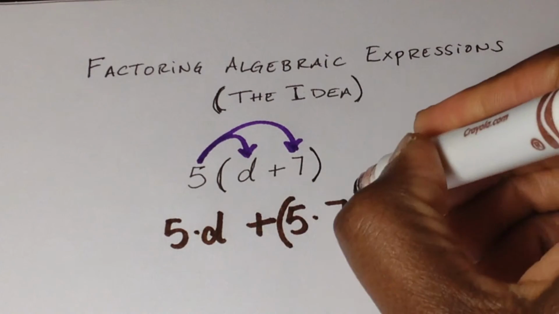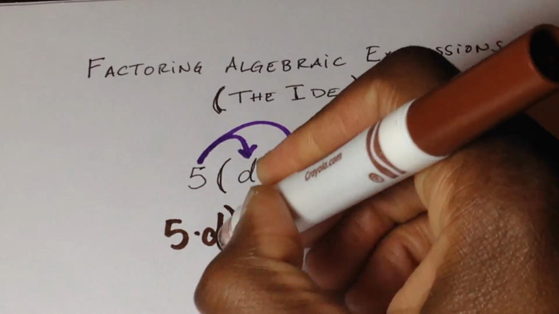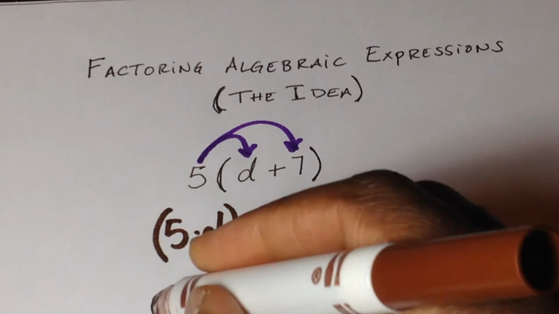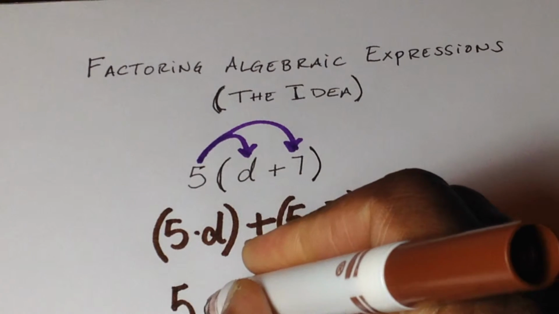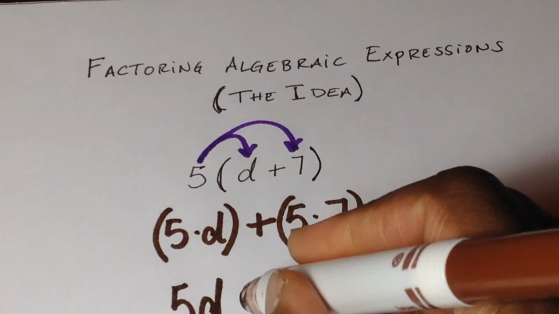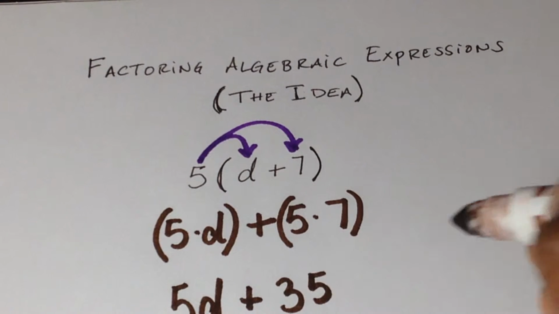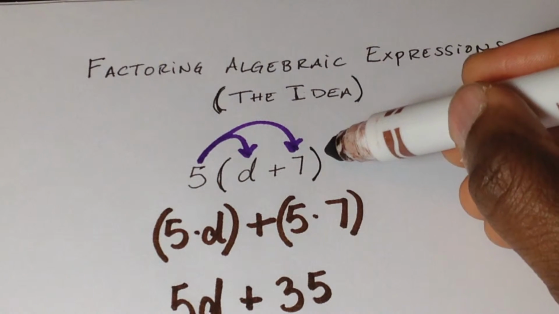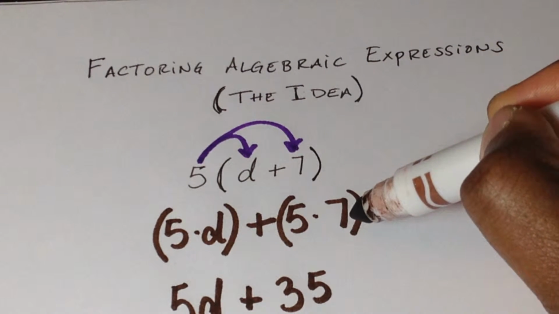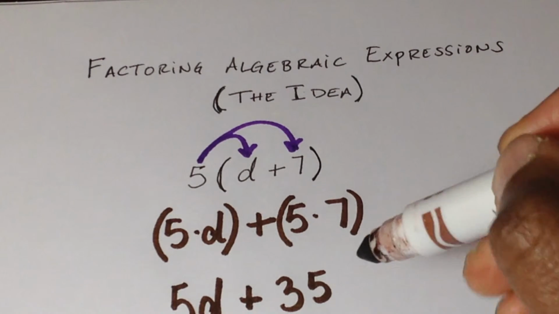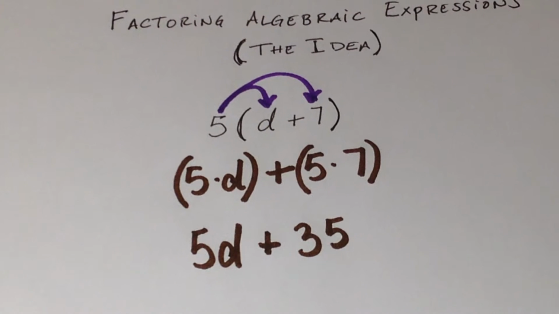Again, I like to put it in parentheses just so that we understand, we're going to do 2 sets of multiplication. So this is going to be 5d plus 35. Okay, so again, we started with the distributive property, we expanded the expression, and we come out with 5d plus 35. Now, okay, got that?